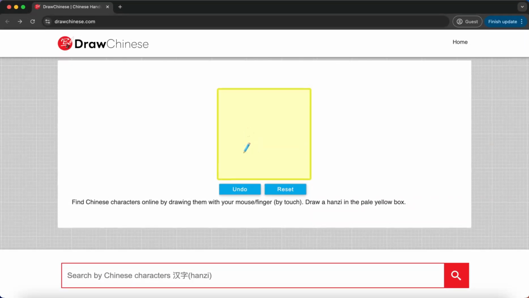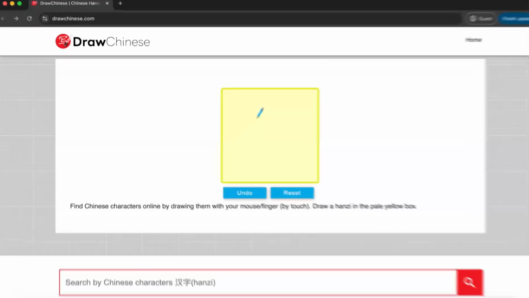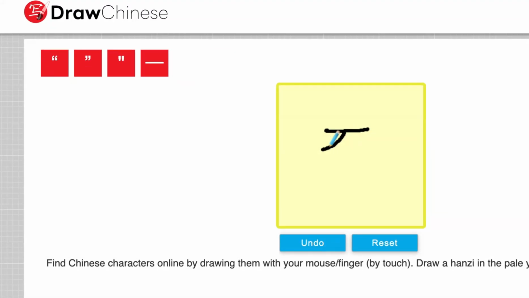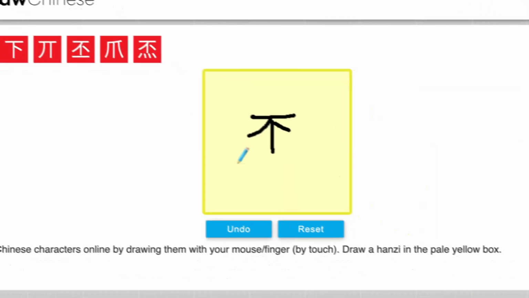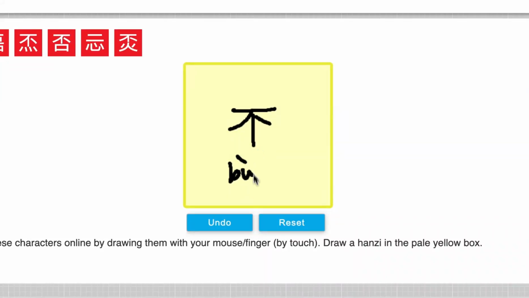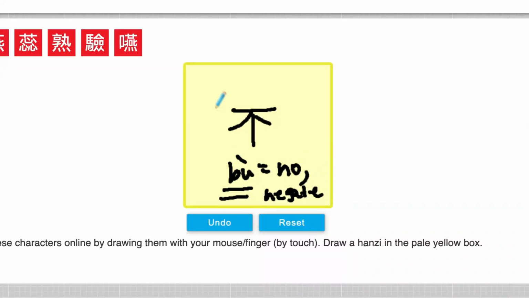So the first character from that one was this character, which is 不. And this literally means no, or a negation of anything that's written after it. Some of you might be wondering, why did I call it 不 in the 4th tone here, but in the previous one I was calling it 不客气.